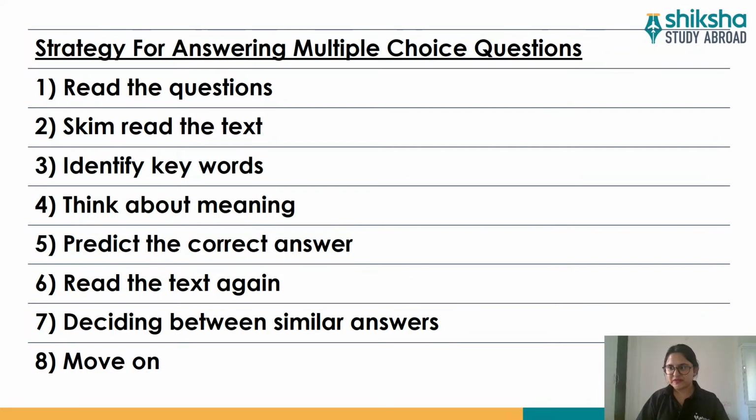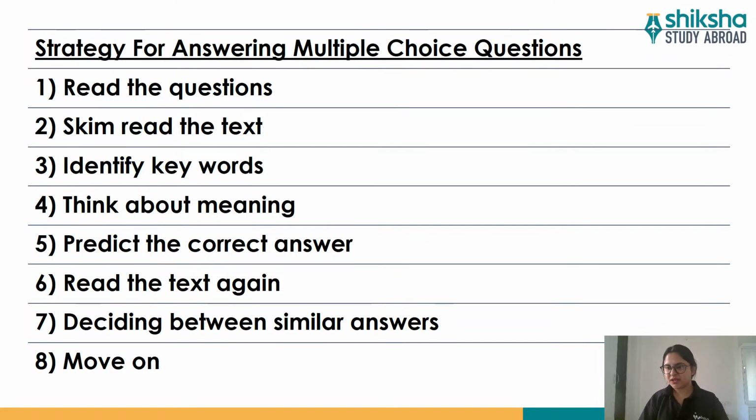Read the questions. This is the first strategy. Secondly, you have to skim read the text. If you have seen the previous webinars, I have explained in detail the meaning of these two words, which you will usually encounter when you're practicing by yourself. First is skim and second is scan. Skimming means going through your paper or having a quick glance over it.